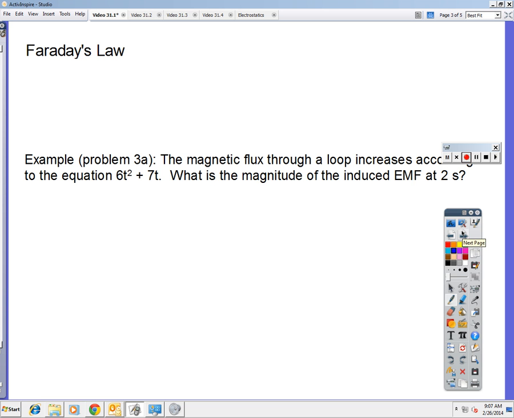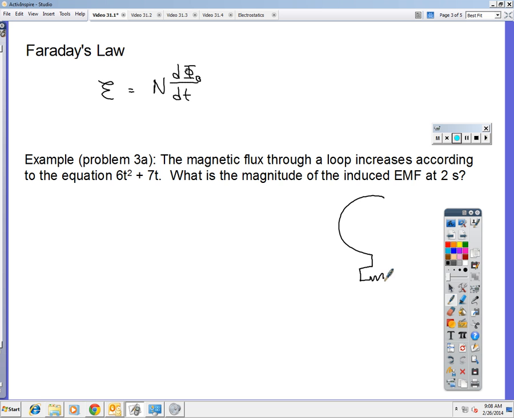Now, Faraday's law, which I already wrote down, but I will write down again, says that the induced EMF equals N times d phi dt, where phi is the magnetic flux through the loop. And our example, which is part A of problem 3 in your textbook, shows a loop with a magnetic flux through it, and the loop has a resistance in it, and the field points out of the page.